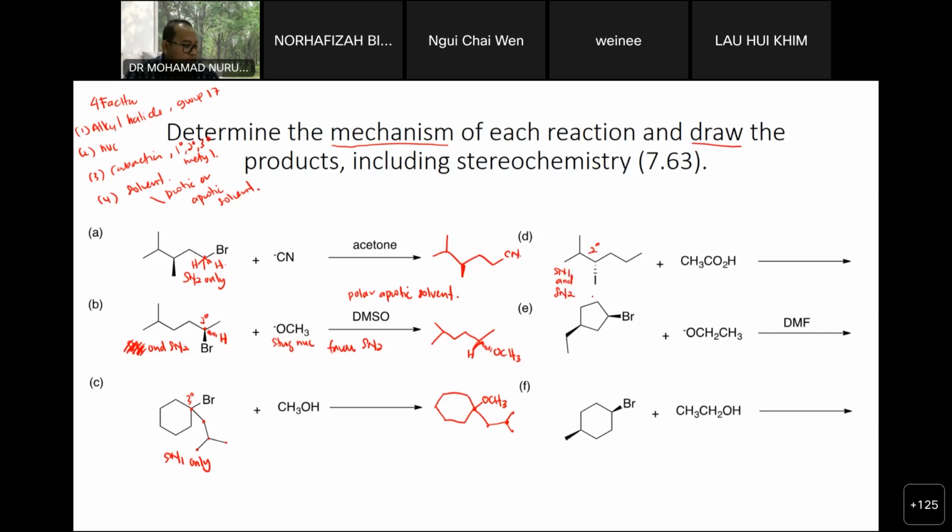After that, we also have to consider that this is a weak nucleophile, and a weak nucleophile only favors SN1 reactions. So SN2 is not involved in this reaction. The product will be both products, at the alpha or beta position.